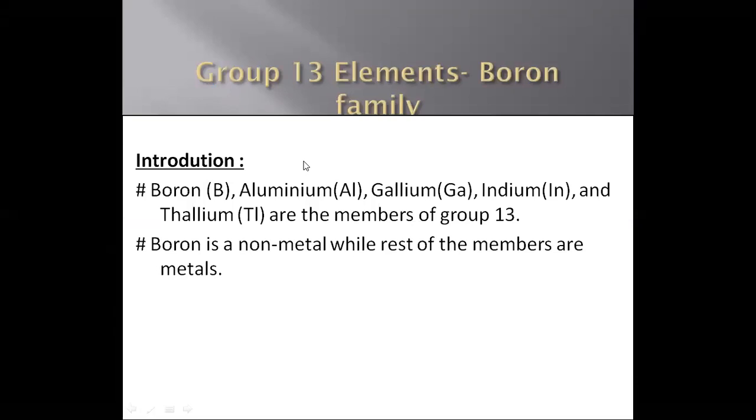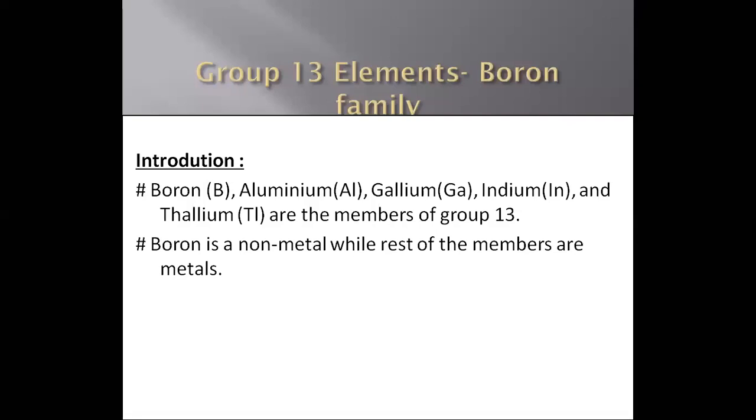We know that group 13 elements, that is boron family, has the elements starting from boron, aluminium, gallium, indium, and thallium. All these belong to the 13 group elements. As you can see, the symbol for boron will be B, aluminium Al, gallium Ga, indium In, and thallium Tl are the members of group 13 elements.